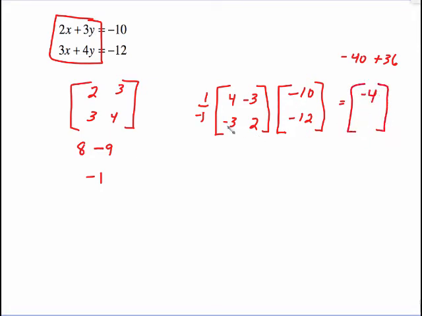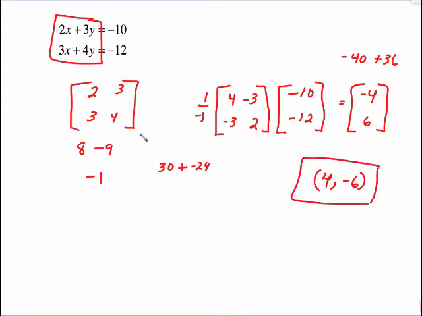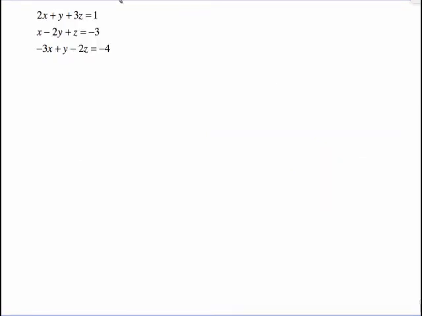And for this, -3 times -10 is +30, plus 2 times -12 is -24, gives me 6, and I just have to distribute -1 through there, which turns this into +4, -6. I'm not taking time in the video to explain why the inverse solving works. I will show you that in class.